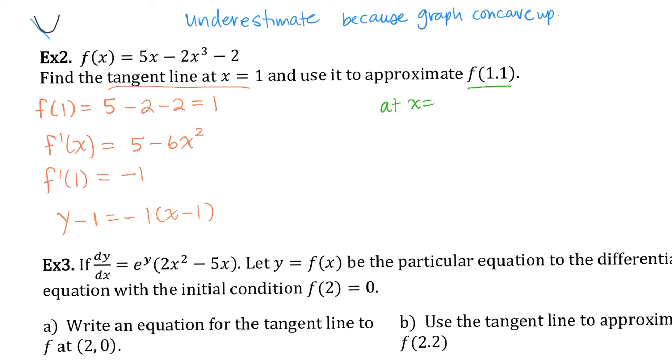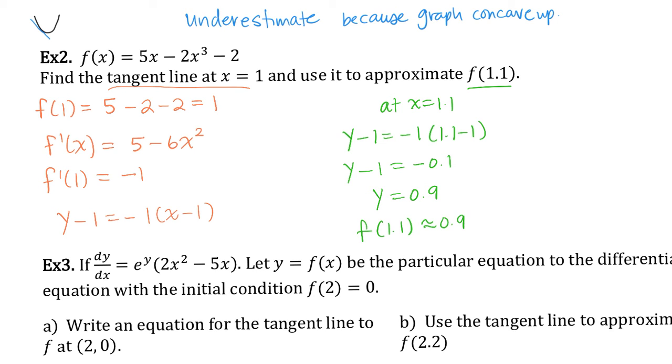So at x equals 1.1, I'm going to use the tangent line. What is that? Negative 0.1 plus 1. Okay, so this approximation is telling me f of 1.1 is about 0.9.